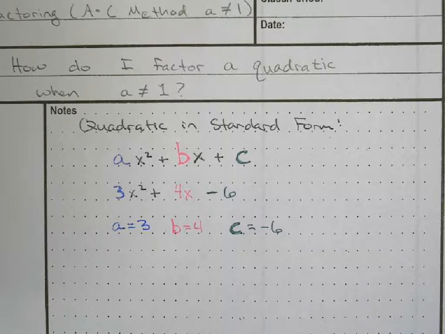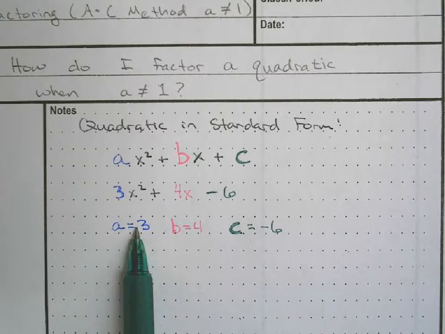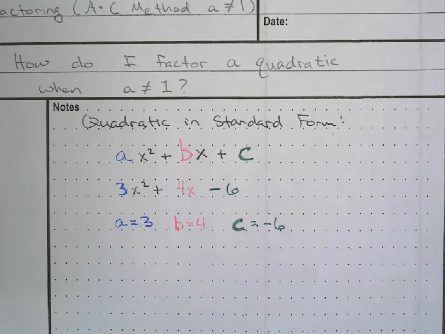So that's how we can identify our different values just by looking at the equation in standard form. We're going to really need to identify these values so we can use them in today's lesson.